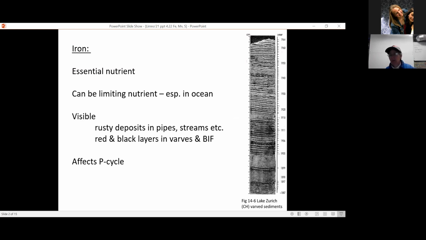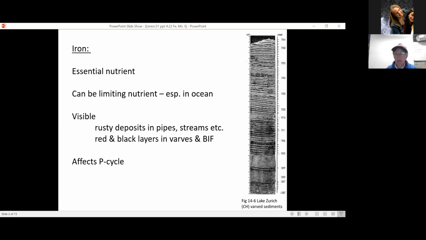Well, iron is an element on the periodic table of elements. And it's important because it is an essential nutrient. Of course, we can't make hemoglobin without iron. And aquatic organisms, animals that have hemoglobin, need iron for that reason. But iron is also an important component of enzymes. It's an important component of the electron transport chain in photosynthesis.